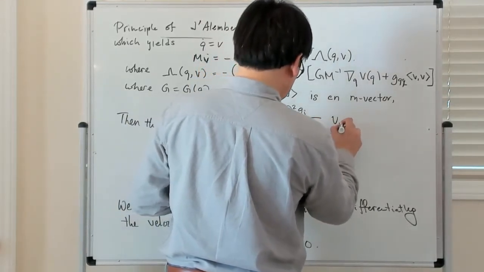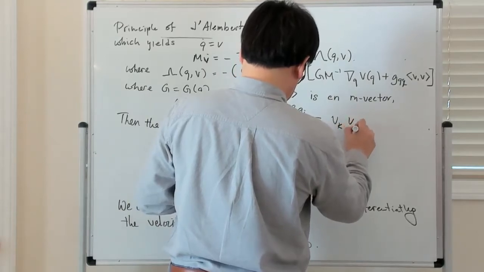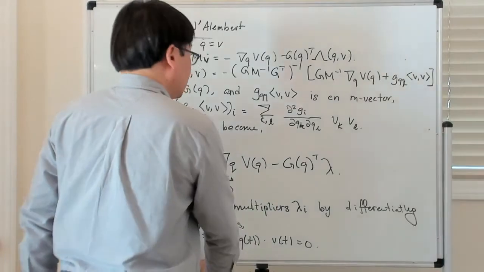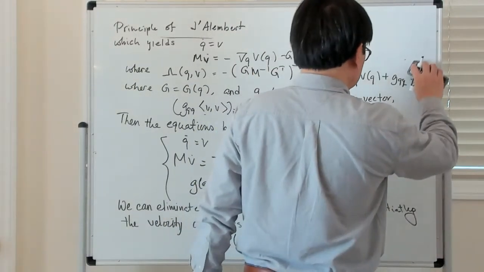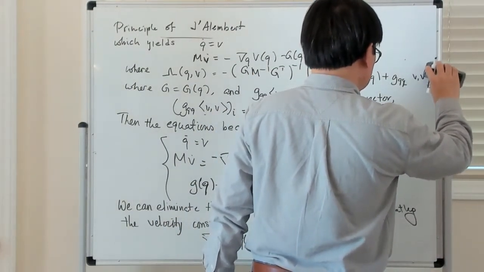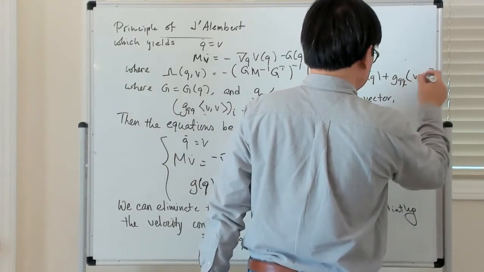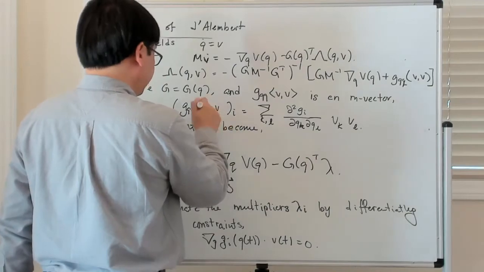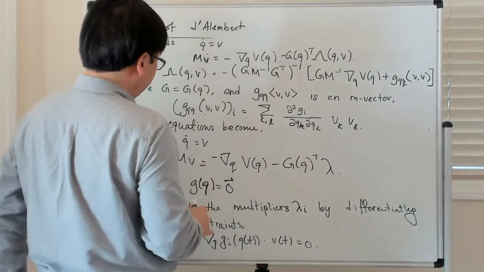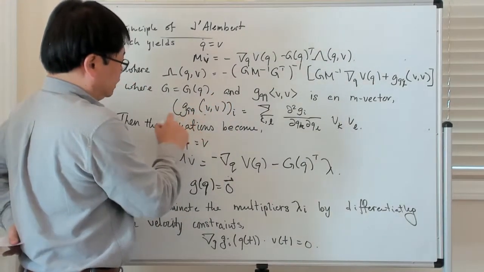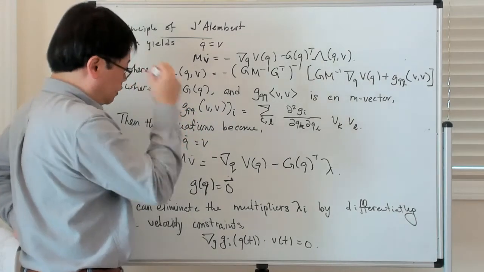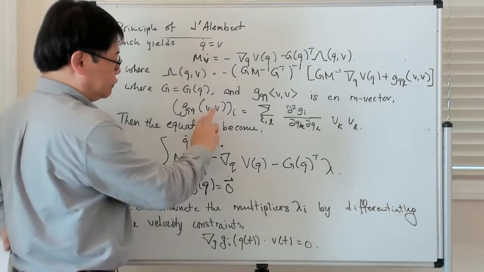Maybe I should write this as a bracket instead. This Hessian term is going to be thought of as a quadratic form, which takes two vectors.